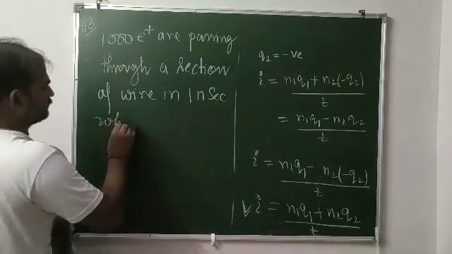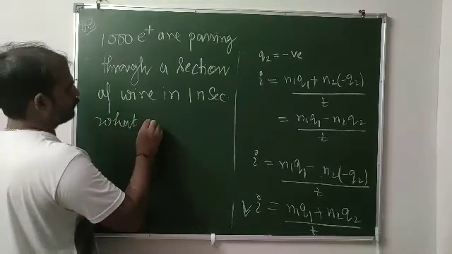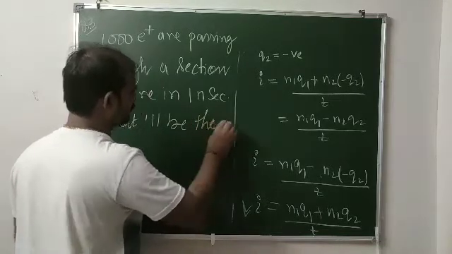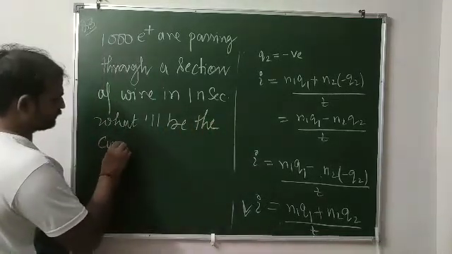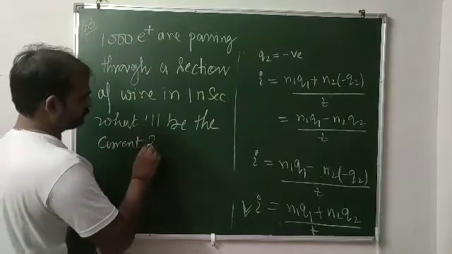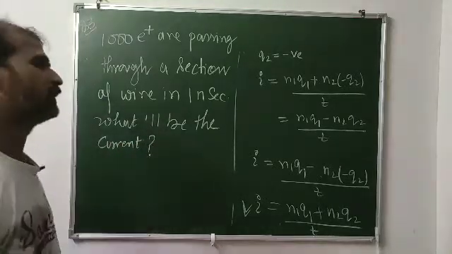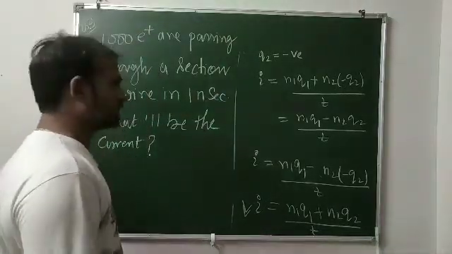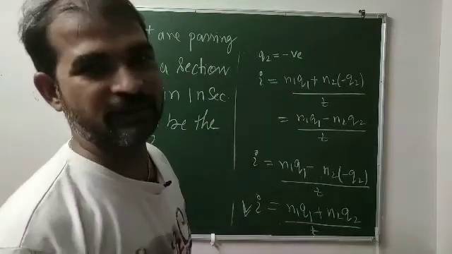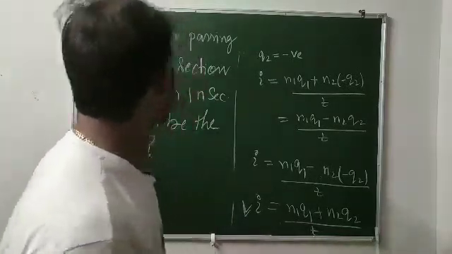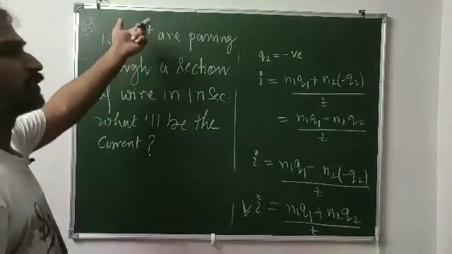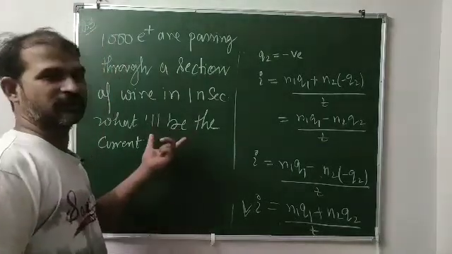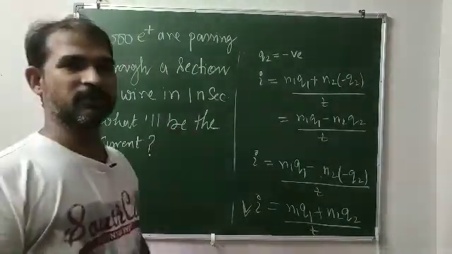What will be the current? This is the question, students, and you will have to give the answer in the comment section. Nano means 10 to the power minus 9. The charge on positron, that you know, is plus 1.6 into 10 to the power minus 19 coulomb. This question is very easy to solve. You may solve this question.